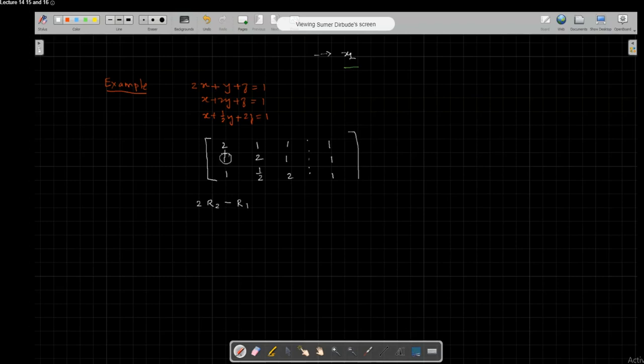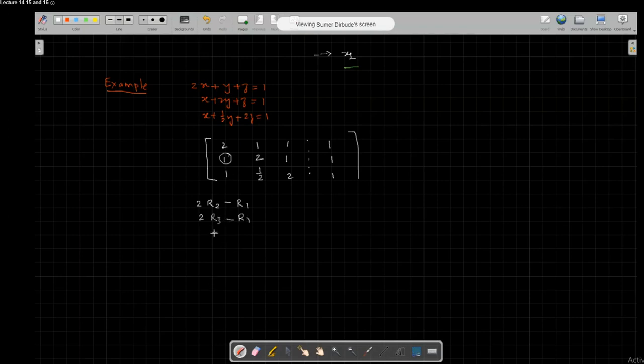Now you can eliminate: twice row 2 minus row 1 will eliminate this element, isn't it? And twice row 3 minus row 1.